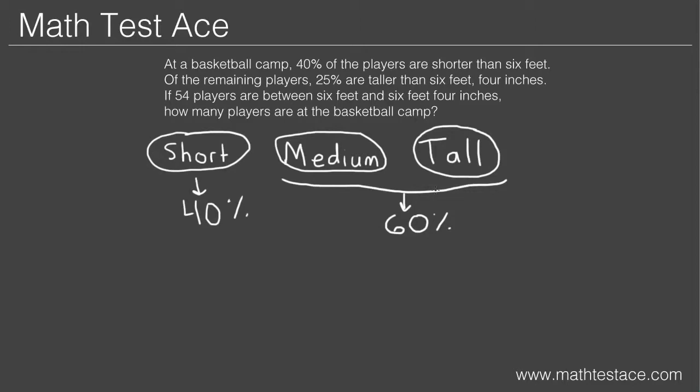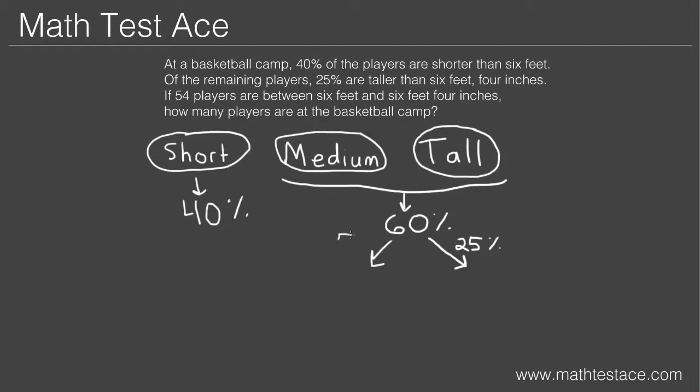But we know a little bit more. We know that of these 60%, 25% are taller than 6 feet 4 inches. So let's break this back into 2 groups. We know that 25% of our 60% are taller than 6 feet 4 inches.